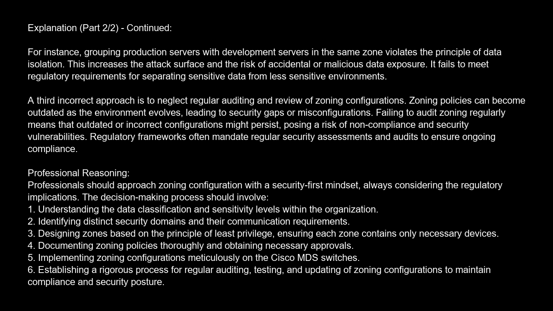Designing zones based on the principle of least privilege, ensuring each zone contains only necessary devices. 4. Documenting zoning policies thoroughly and obtaining necessary approvals. 5. Implementing zoning configurations meticulously on the Cisco MDS switches. 6. Establishing a rigorous process for regular auditing, testing, and updating of zoning configurations to maintain compliance and security posture.